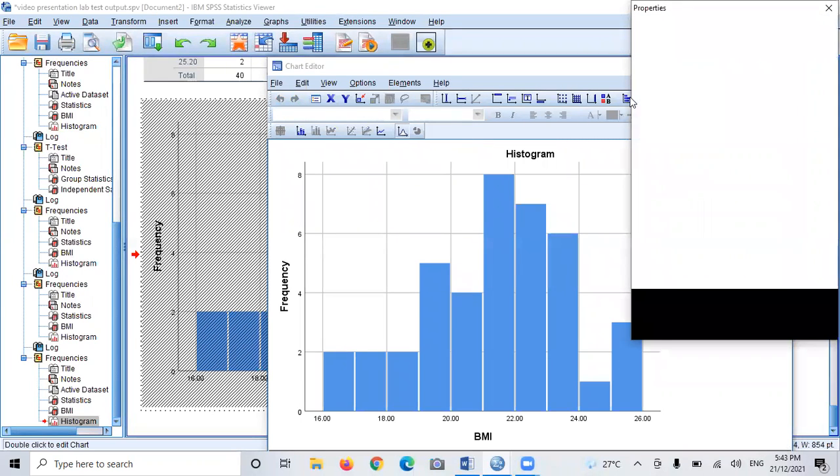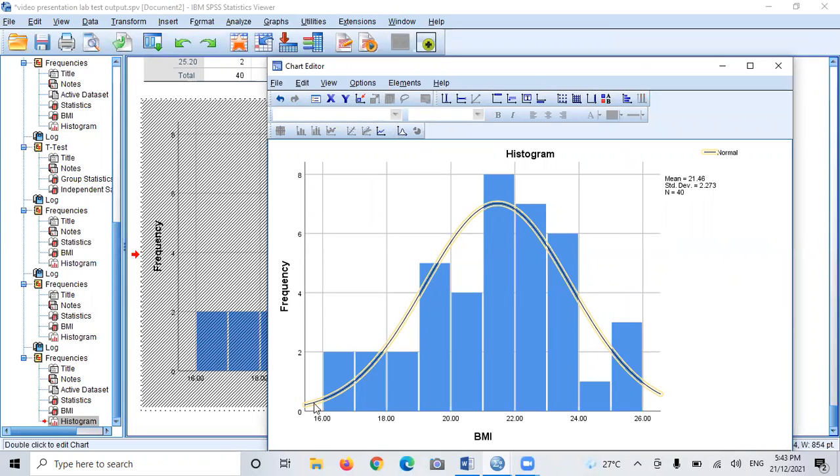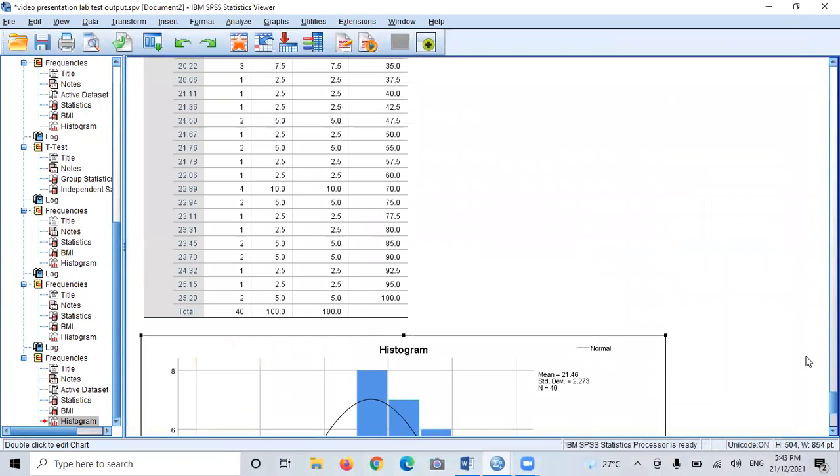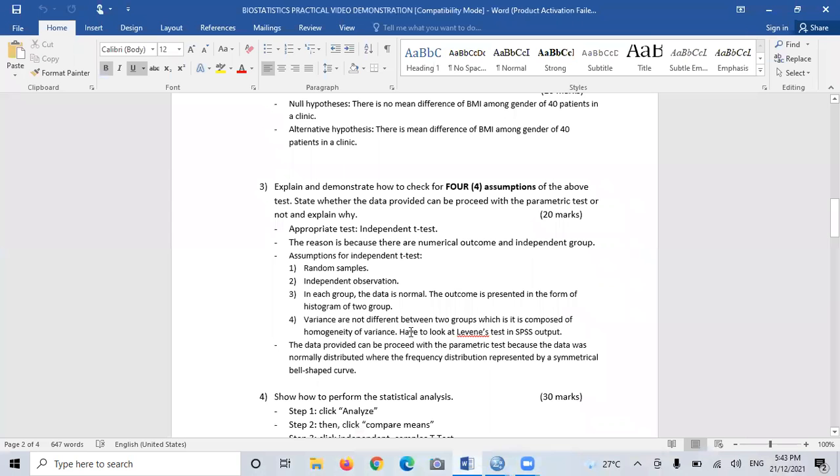We click this one and choose the normal curve and close. It will show in the bell curve shape, naik dalam bentuk bell curve shape. So it is a normal distribution. Here also we get the normal distribution of the bell-shaped curve.